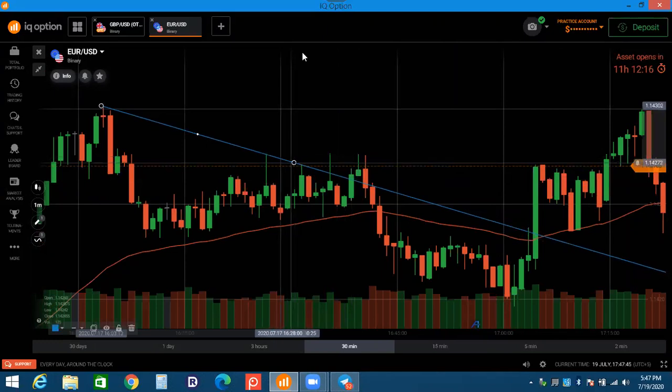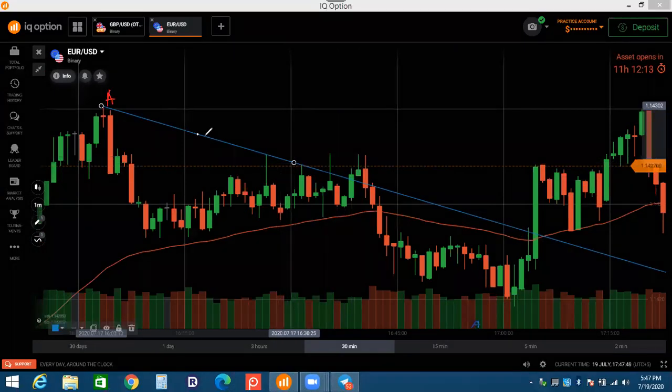That is point number A. How do I find the point? You just look at the two swing highs. That is the first swing high, that is the second swing high. If that is a low, that is a point, and that is the upper point. So you can connect this line to this line.